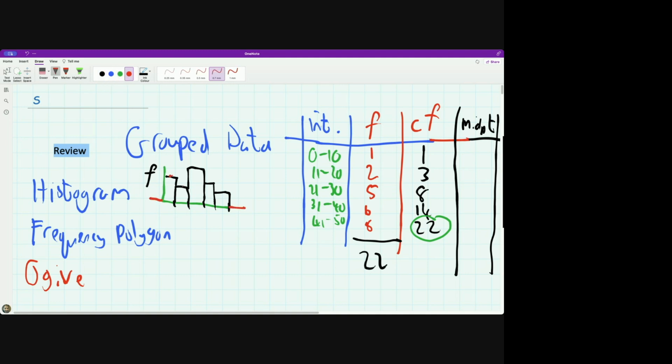You find the middle of the interval for each interval, and you go in line with the frequency, and then you connect them using straight lines, and that will give you your frequency polygon. Now the ogive is basically about showing the cumulative frequency column against the intervals. And so that's what we're going to talk about today.